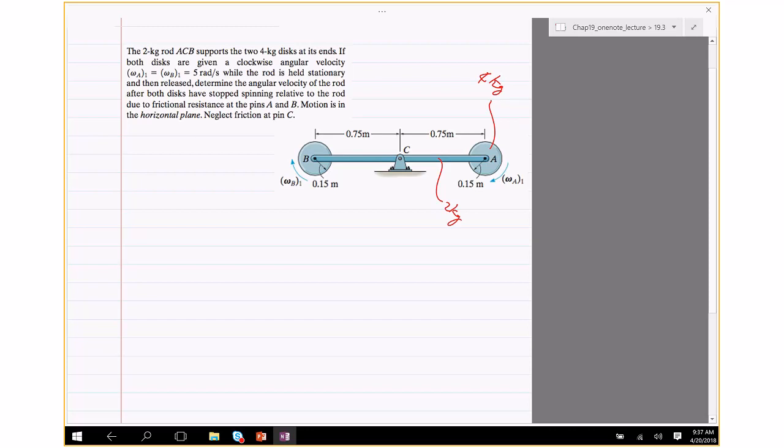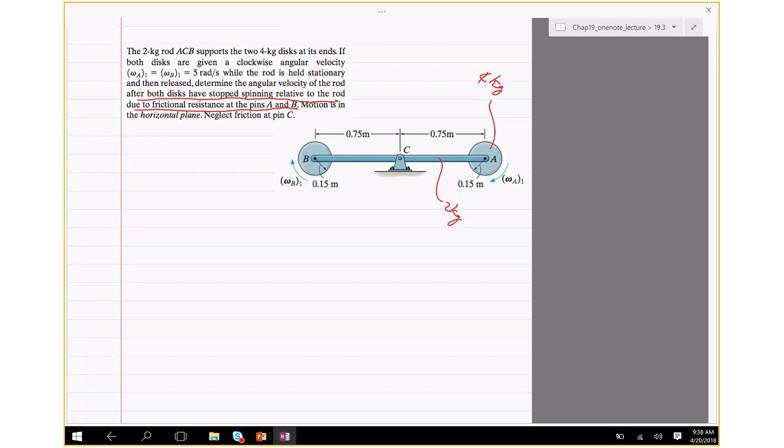If both discs are given a clockwise angular velocity of 5 radians per second while the rod is held stationary and then released, determine the angular velocity of the rod after both discs have stopped spinning relative to the rod due to frictional resistance at the pins A and B. Motion is in the horizontal plane. Neglect the friction at pin C.